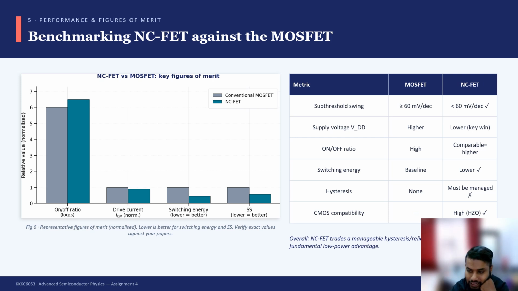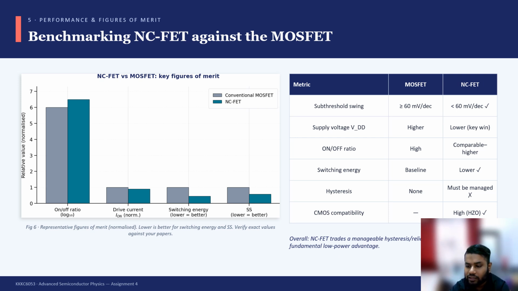On the winning side: sub-60 swing, a lower usable supply voltage, comparable or better on-off ratio, and lower switching energy, all while remaining CMOS compatible thanks to HZO.